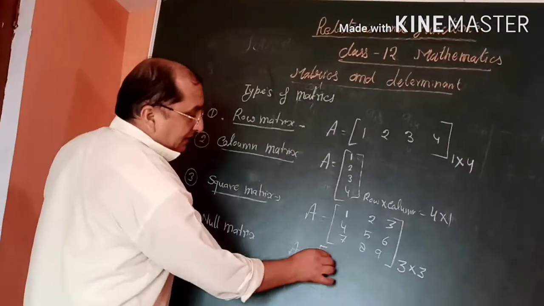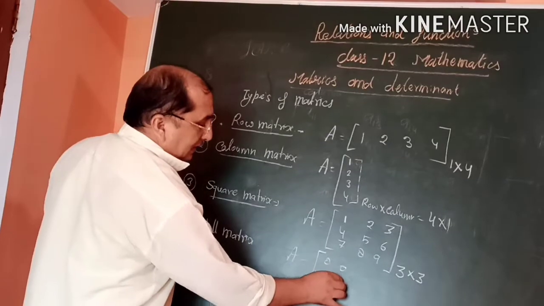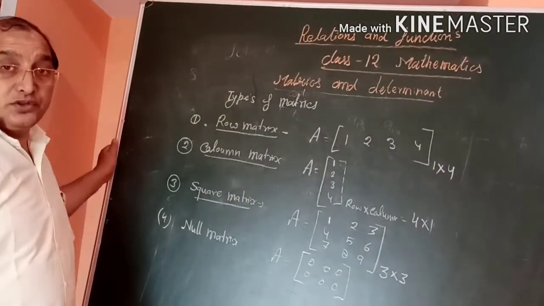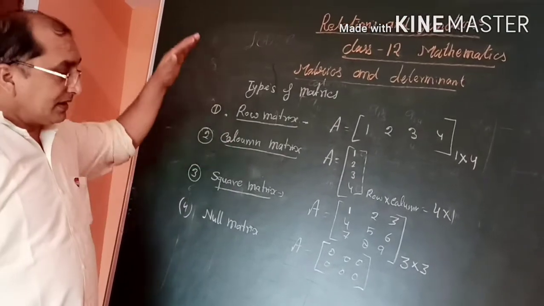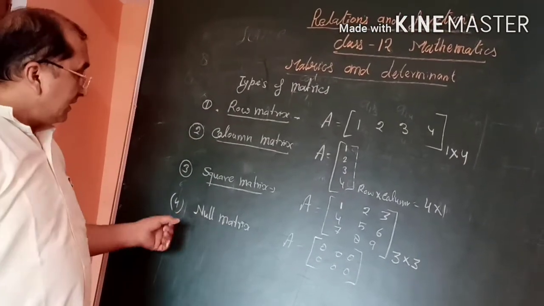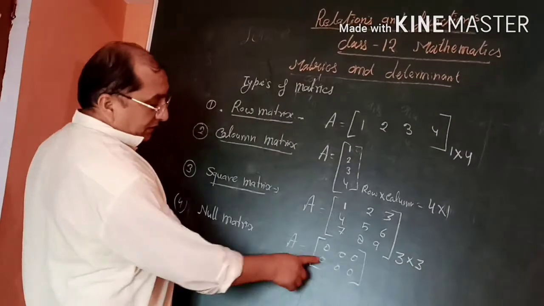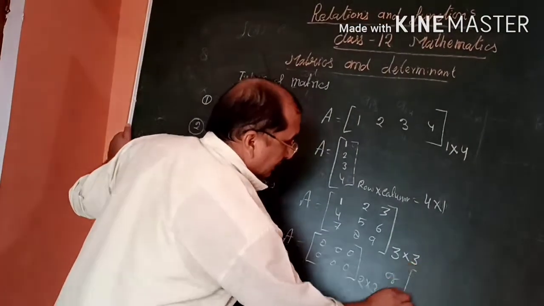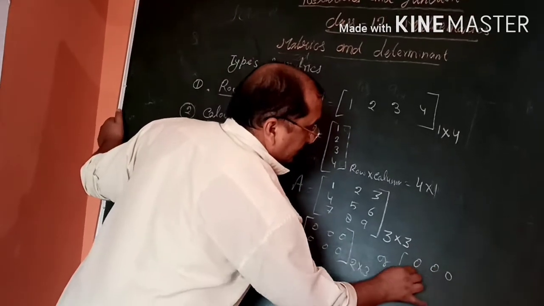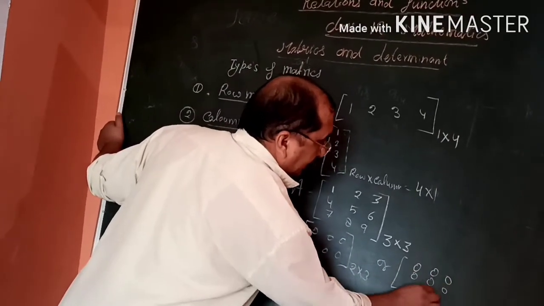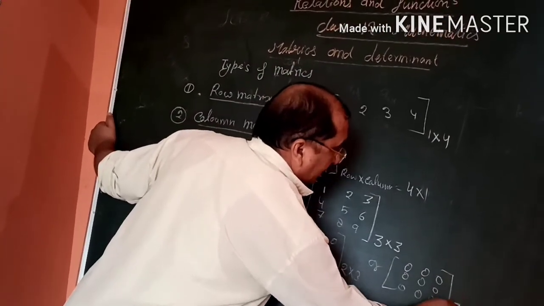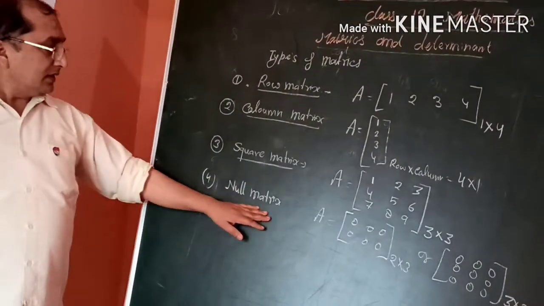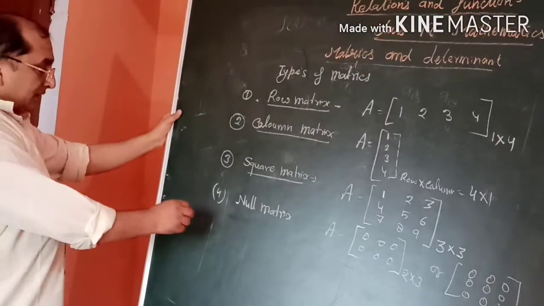If all the elements of a matrix are zeros, it is known as a null matrix. It may be of order 2 cross 3, with all zeros, or I am writing here a matrix of order 3 cross 3 with all zeros, and this is also known as a null matrix.